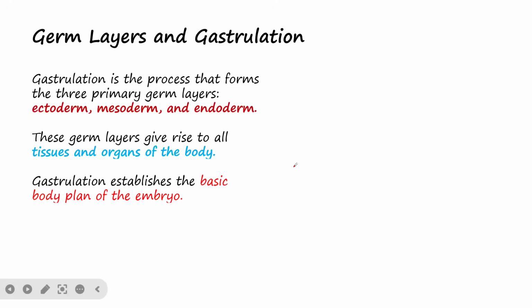So the germ layers give rise to all tissues and organs of the body because these 3 germ layers are stem cells, and when we say stem cells, they have the potential to differentiate into different cell types.